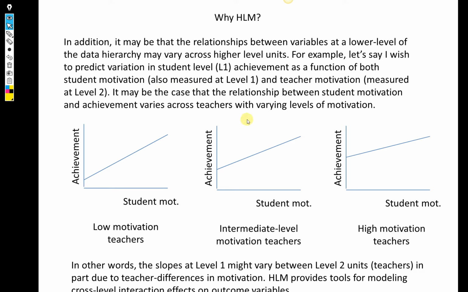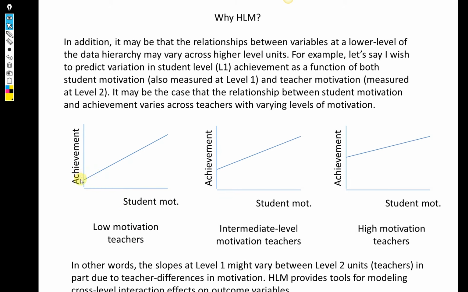I don't know what the actual relationships would be, so I'm just spitballing here. But let's say that we're interested in looking at the relationship between student motivation and achievement. Let's say that among low motivation teachers, we might have a very strong relationship. In general, among low motivation teachers, the intercept would be low, so we'd expect a low achievement level among low motivation teachers.